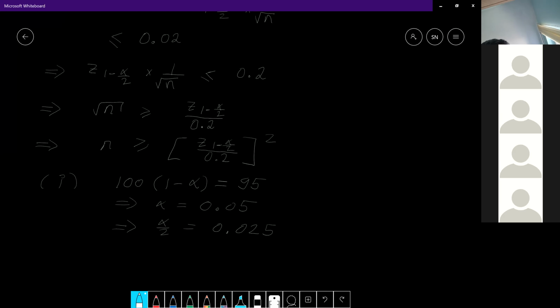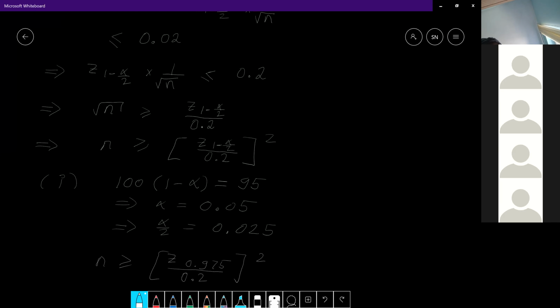In this case, n will be greater than or equal to (z_0.975 divided by 0.2) to the power 2.